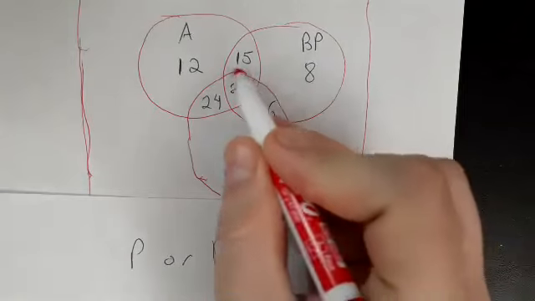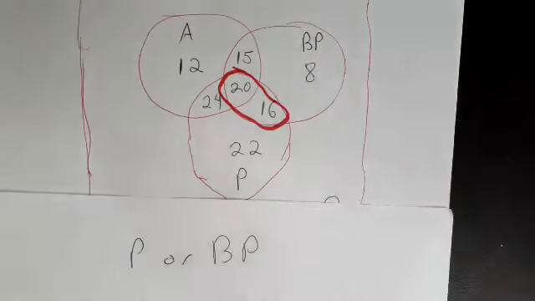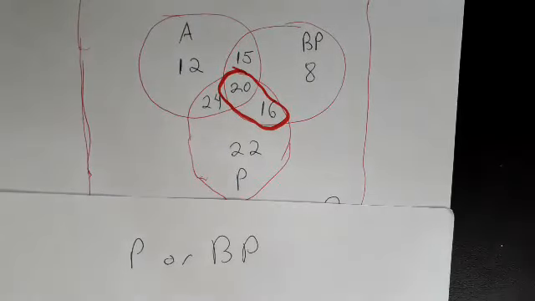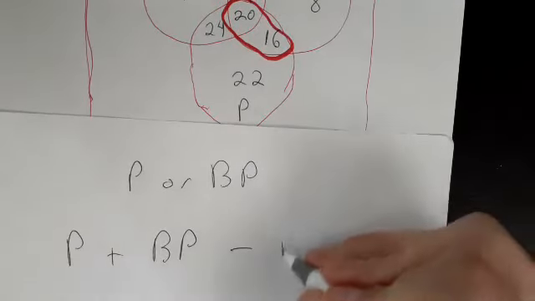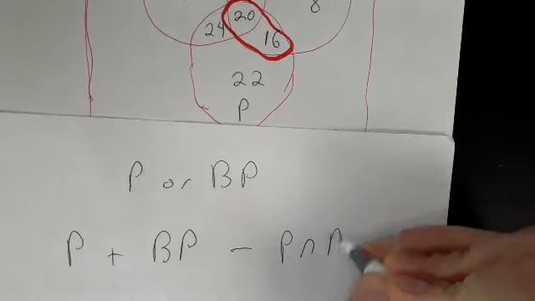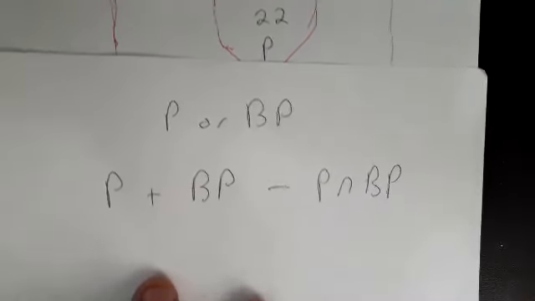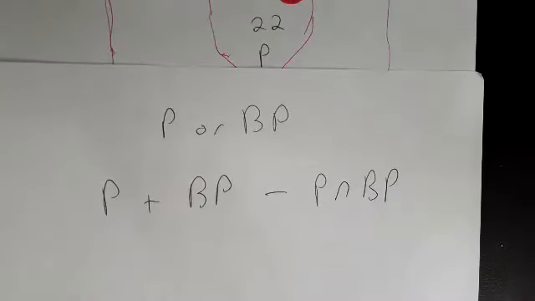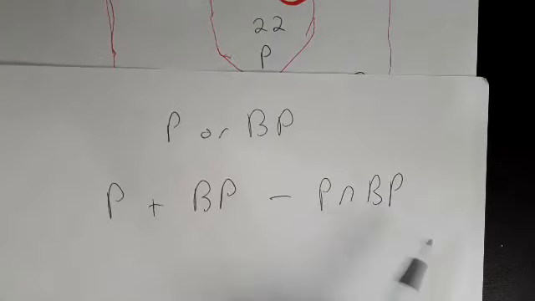And so there is this sort of issue, like we're going to end up counting those twice if we just add P and we add BP. Sometimes you might see this, but if we're adding 2 variables, we have to subtract their intersection.